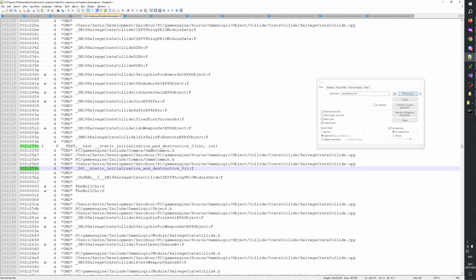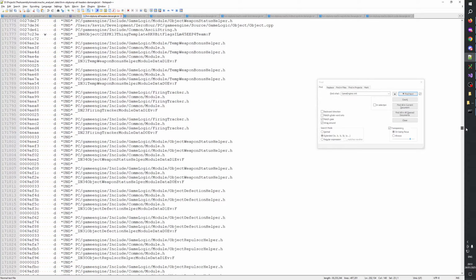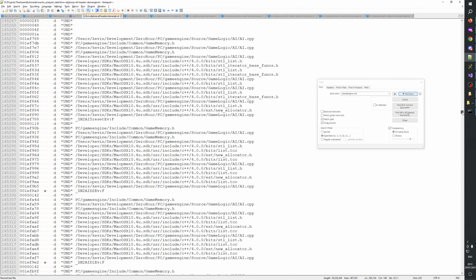That's also peculiar. Static initialization. Maybe there's always at least one CPP in there. Yeah. Okay, but we can absolutely work with that.